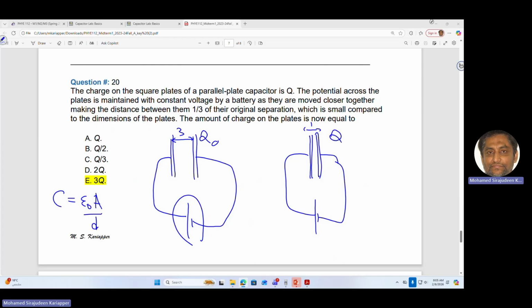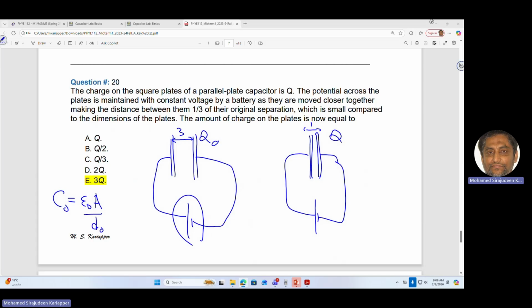We bring the plates closer. What happens to the new capacitance? This is C0, this is D0. Now you make the distance smaller. Are we changing epsilon 0? No, it's a constant. Are we changing the area of the plates? No. We only change the distance.